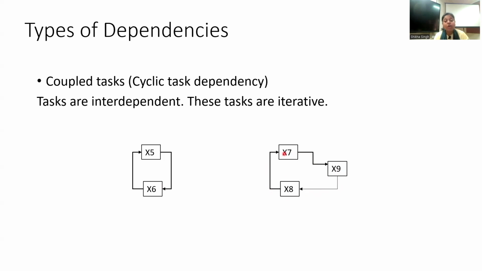So basically, the information which originated from X7 is further processed by X9, then further processed by X8, and then the output information is again going back to X7. So this kind of cyclic task dependency is also one of the very important phenomena which occurs in reality, right?